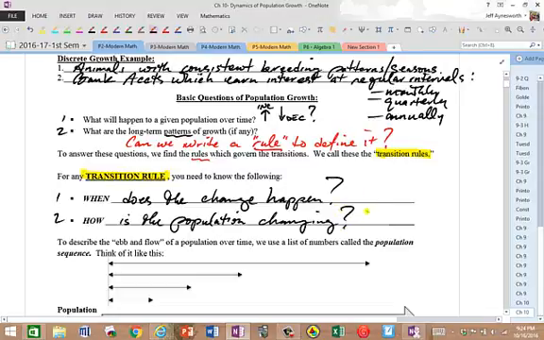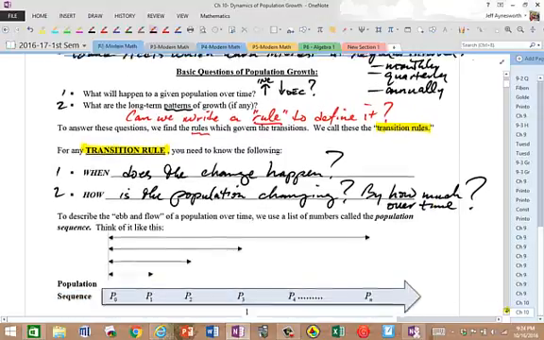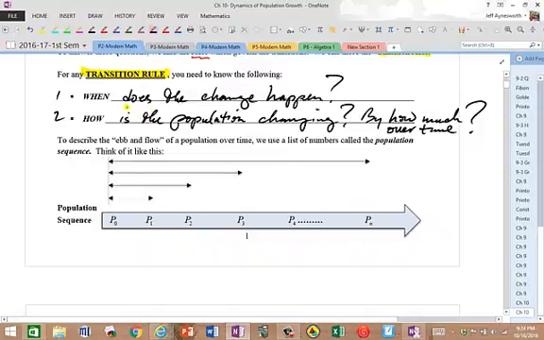By how much, per time level? Is it doubling? Is it tripling? Is it increasing only by one or by two? Or is it decreasing by 50%? I mean, what's going on in the situation, right? So the when and the how, we got to know those two things.